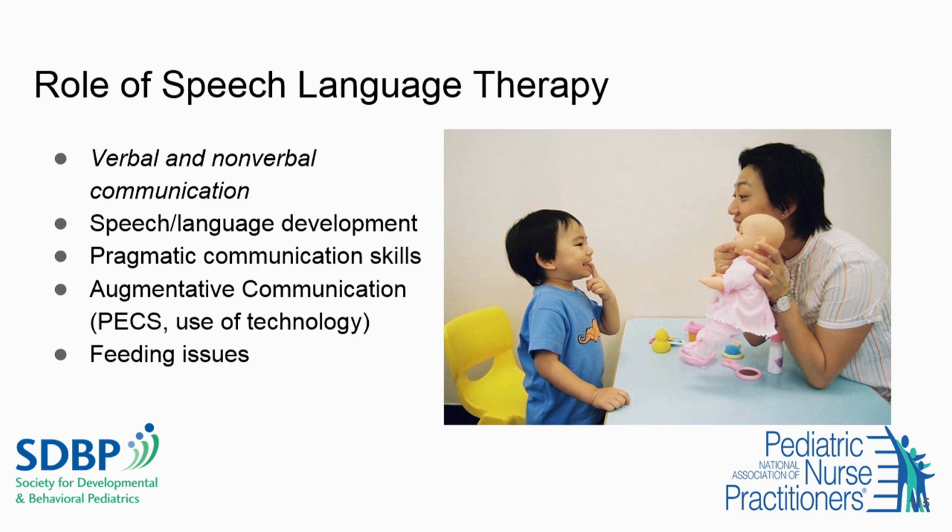We can bring in augmentative communication for the child who truly is having difficulty communicating. The picture exchange communication system, or PECS. Use of technology can really help. I see so many kids who are able to use even their iPads, something nice and portable now. We used to have these big things, Dynavoxes and all that, but now we can go handheld to help augment their communication. And then speech therapy can also work with feeding issues as well.